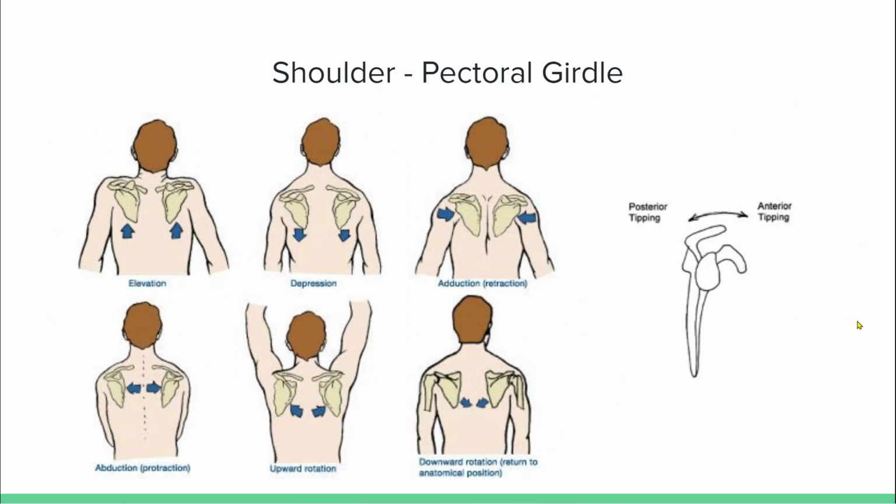And here is showing these movements: elevation, depression, adduction or retraction, pushing your scapulae together, abduction or protraction, rounding your back or your posterior upper thorax, upward rotation, arms going into abduction, and downward rotation, your arms going into adduction.